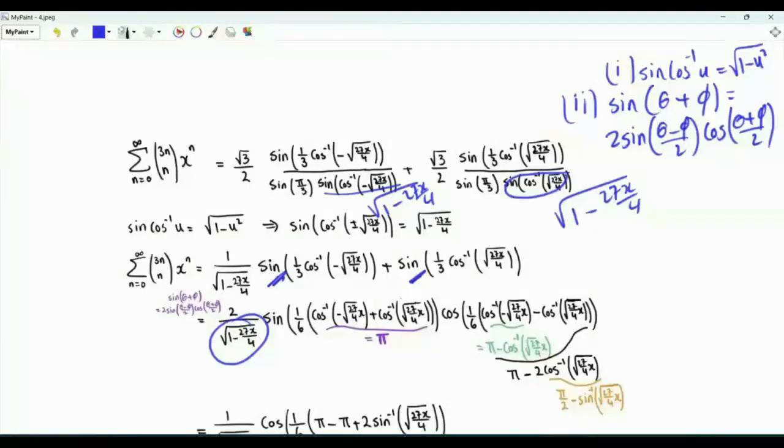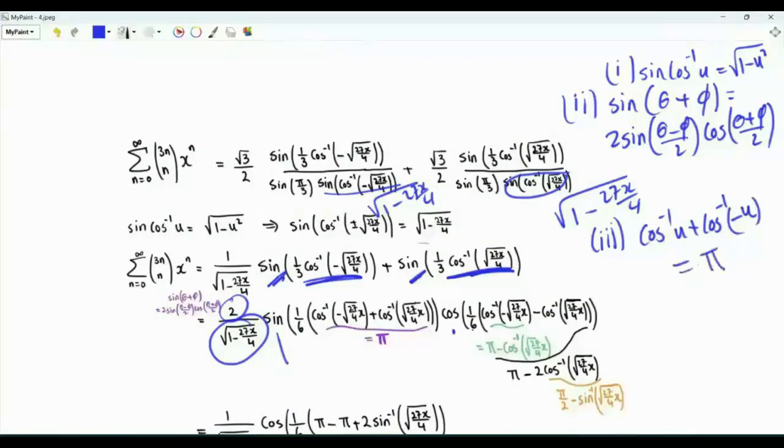The sum of these two sine functions can be written as double the product of sine, the sum of these terms divided by 2, times cosine, the difference divided by 2. The third result is that cosine inverse u plus cosine inverse minus u is equal to pi. This means that what we have here is sine pi over 6, which is 1/2.